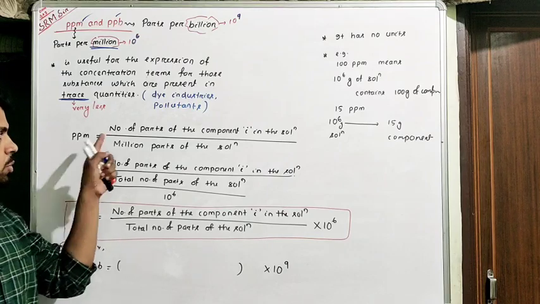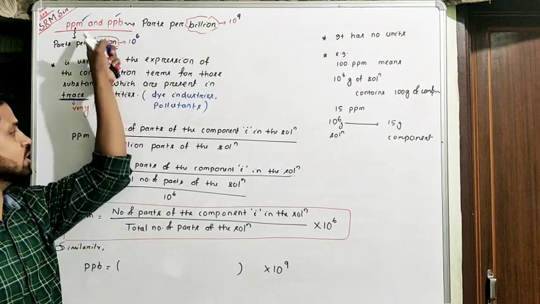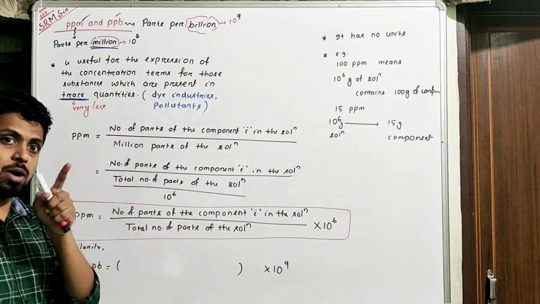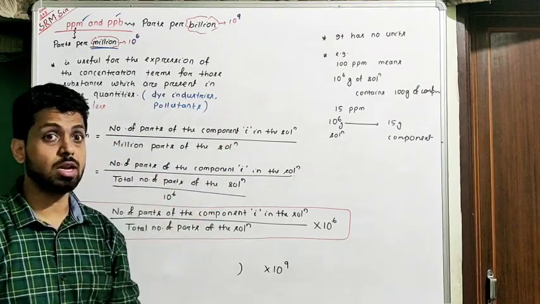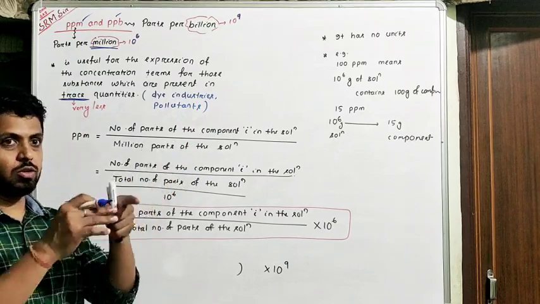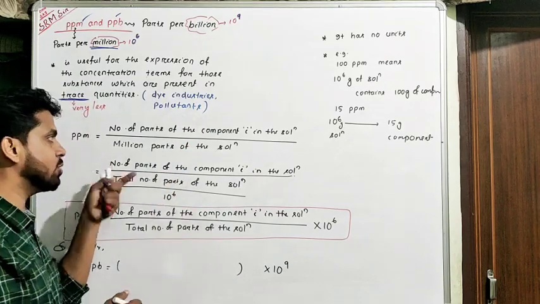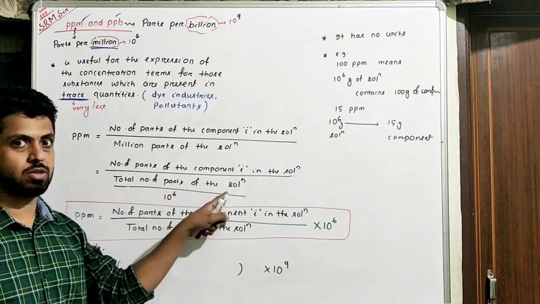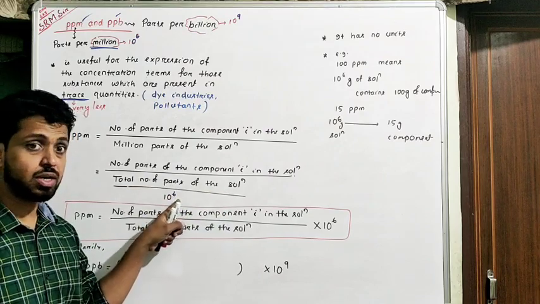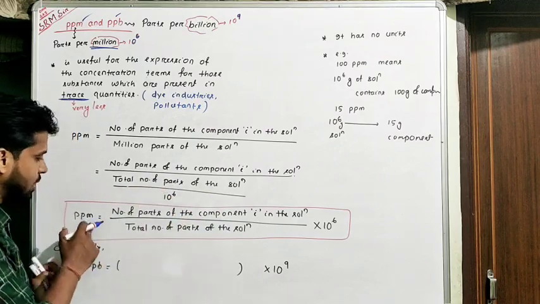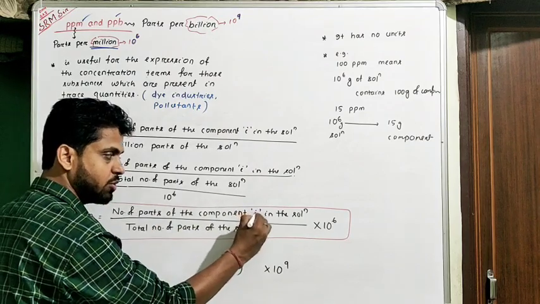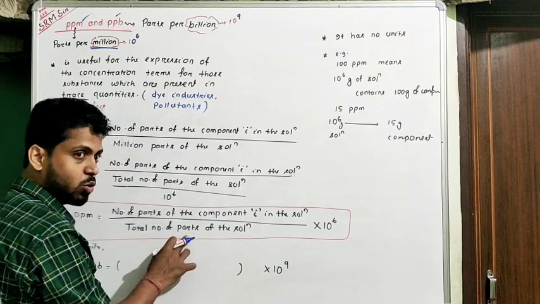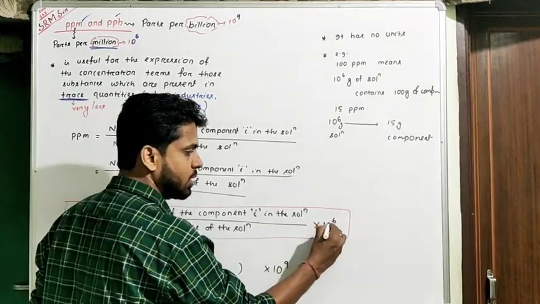What is ppm? ppm is nothing but parts per million. So what is the number of parts of that component present per million parts of the solution? Million parts of the solution means how many parts of the solution? Million, that means 10 to the power 6 parts. So ppm is the number of parts of that component present in the solution divided by total number of parts, into 10 to the power 6.